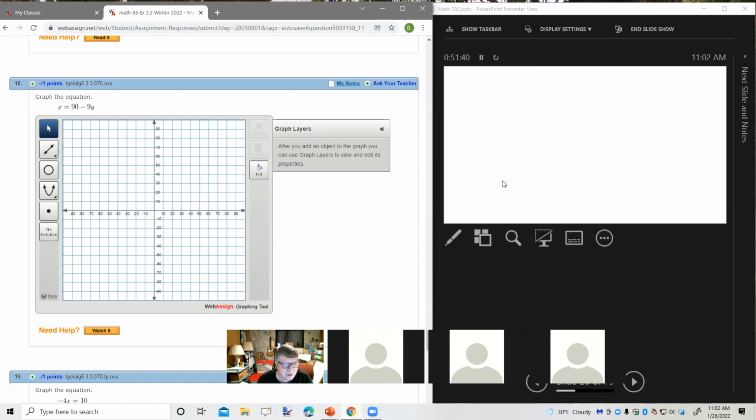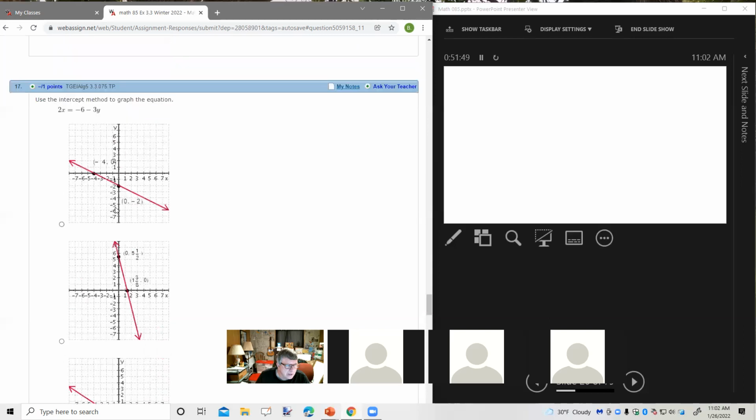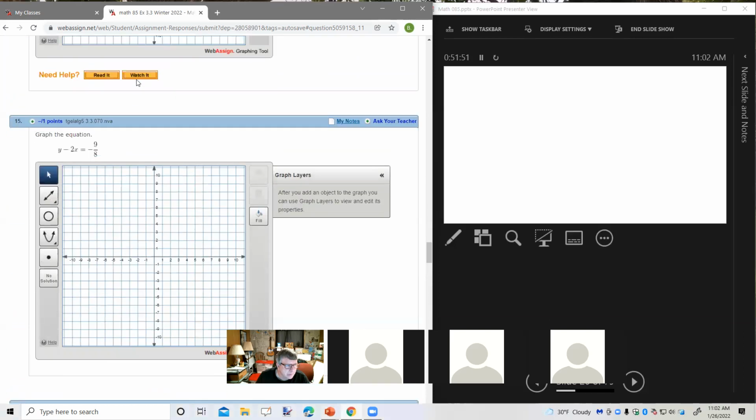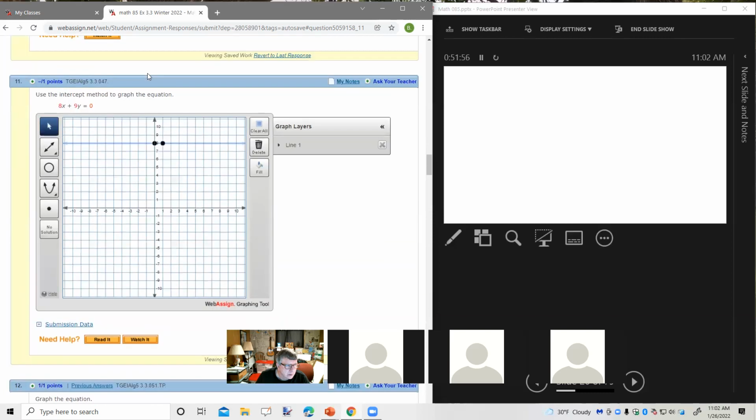All right, graph the equation. Let's use the intercept method, okay? Some of these will say use the intercept method to graph the equation. In those cases, you're going to make a table and use the x and y intercepts.